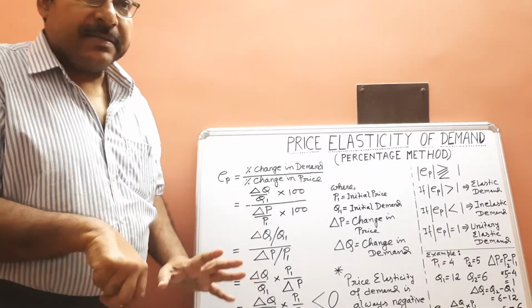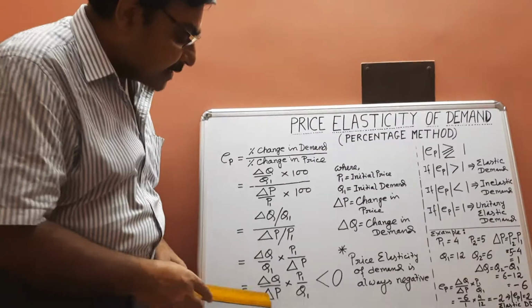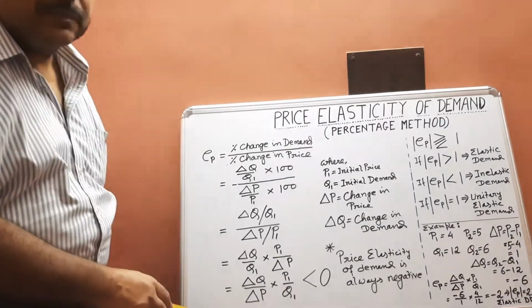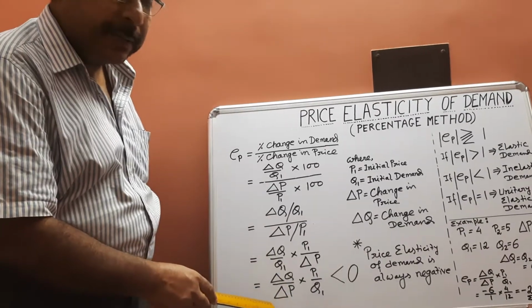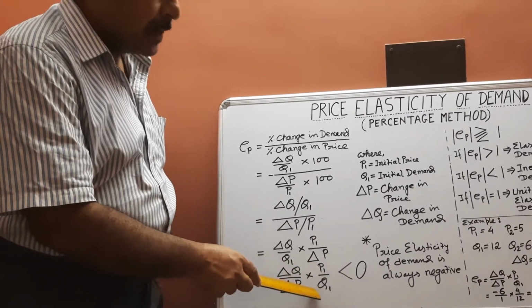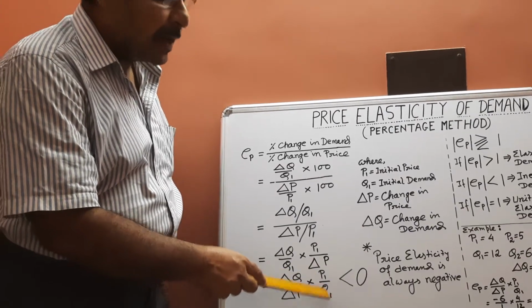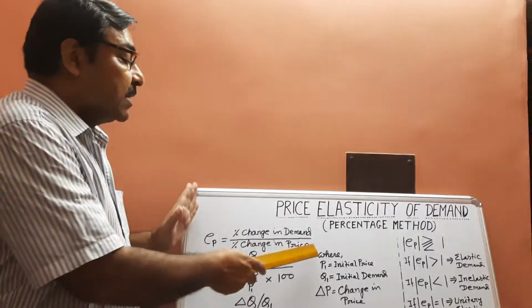In most cases, at the time of calculation of price elasticity of demand, we will use this formula, so you have to keep it in mind. Delta Q by delta P, change in demand by change in price, into P1 by Q1, initial price by initial demand. In some cases, we will use the original formula.